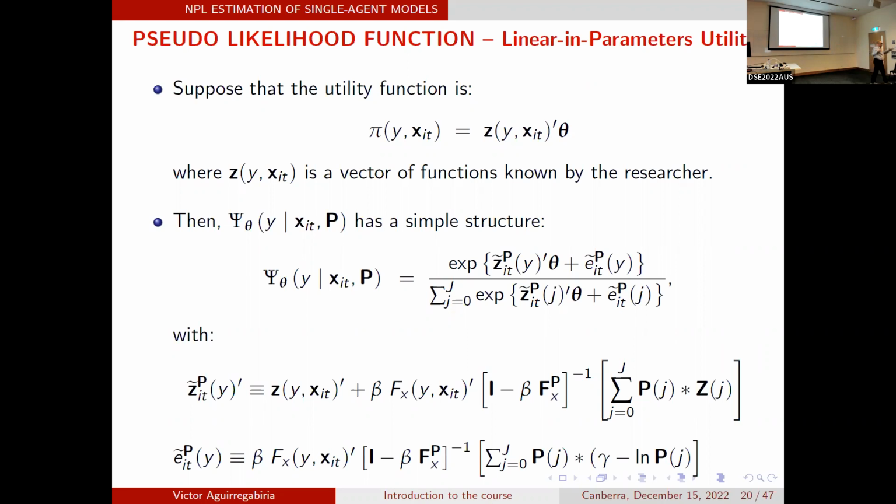That is just one step of nested pseudo likelihood. And one step of nested pseudo likelihood, if you start with consistent non-parametric estimates of the vector of CCPs, is exactly the two-step CCP estimator.